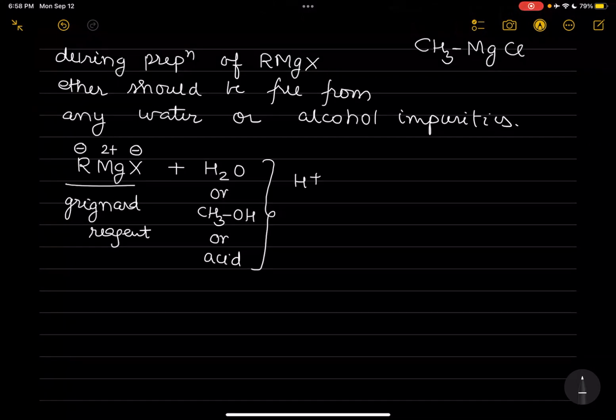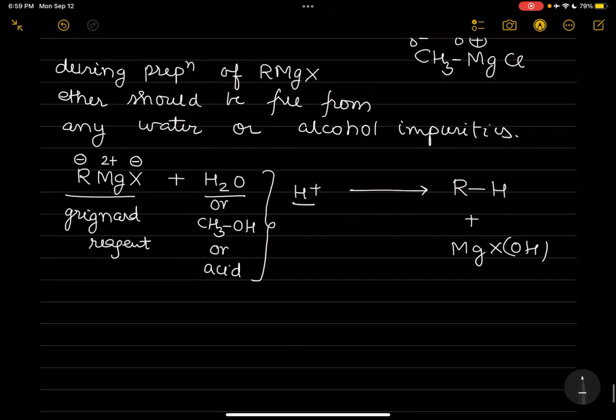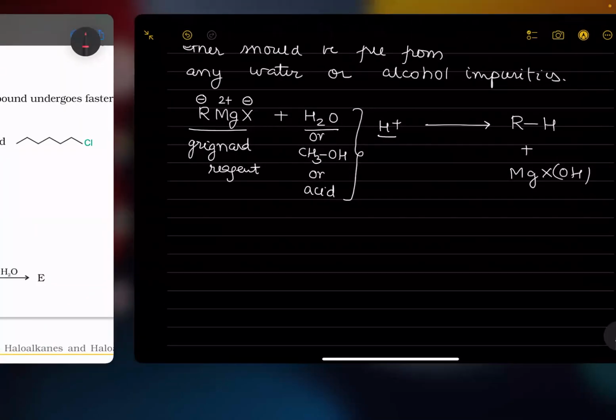If you put something which is bringing in H plus, this H plus will combine with R minus and you will have alkane, RH, and you will get OH minus MgX. So your whole Grignard reagent will react with the water. If you have taken any water or alcohol, they will give H plus, which will react with the alkyl group and you will end up with an alkane. Is it clear?